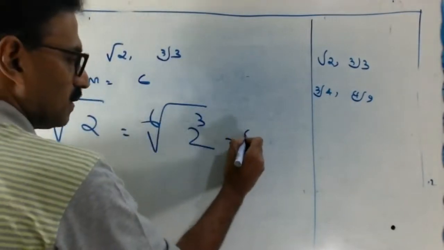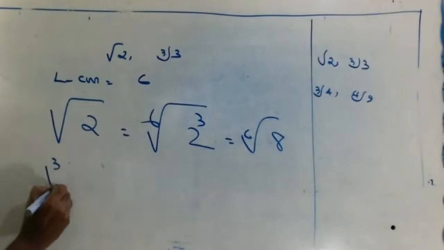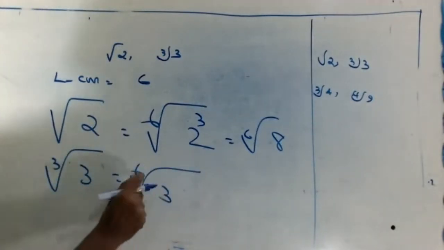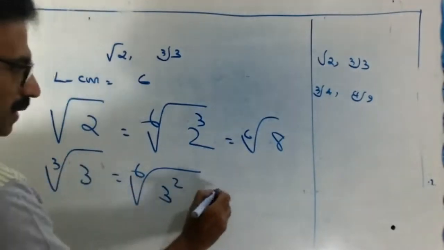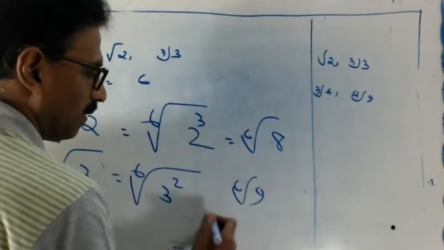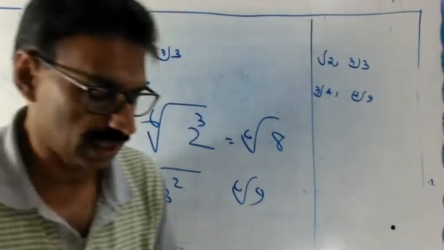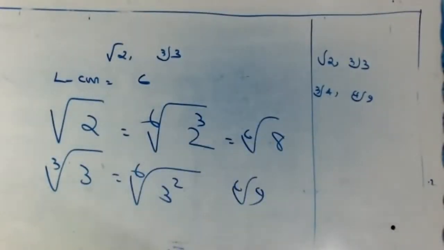That is 6th root of 8. Then cube root of 3, 6 here, 3 here. 6 divided by 3 is 2. That is 6th root of 9, which is greater. This is greater, so cube root of 3 is greater. Right? Clear now?